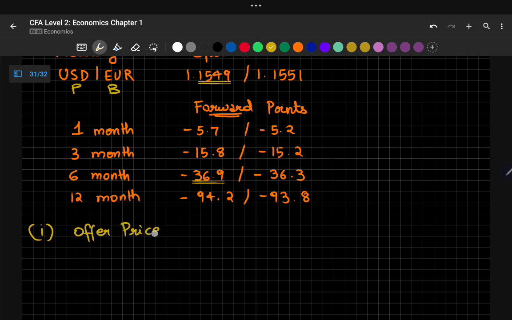In the case of forwards as well, the offer price is always greater than the bid price, even in the case of forward pricing. So this is the first point.